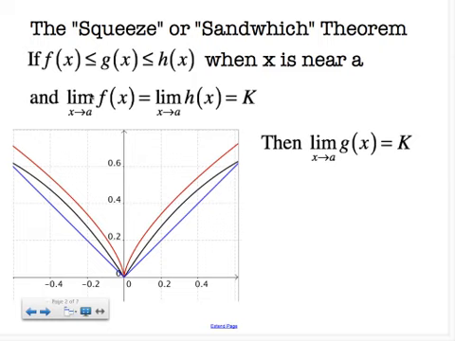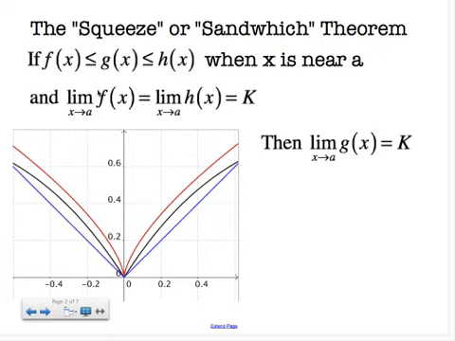So here's what it says. If you have three functions and they behave in this manner, f is less than or equal to g, which is less than or equal to h, whenever x is near some number a. In other words, you have three functions and they are clearly in order. One is always larger than the other two and one's always in the middle.